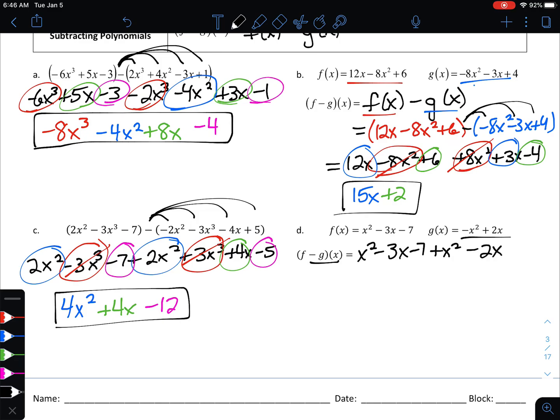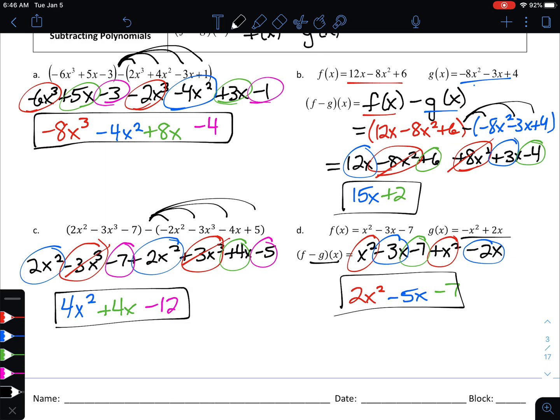Positive 2x becomes negative 2x. And now I'm ready to go ahead and combine like terms. So x squared plus x squared is 2x squared. Next, we've got negative 3 minus 2 is negative 5x. And the negative 7 is all by itself, so we'll just copy that down. And here's our final answer.